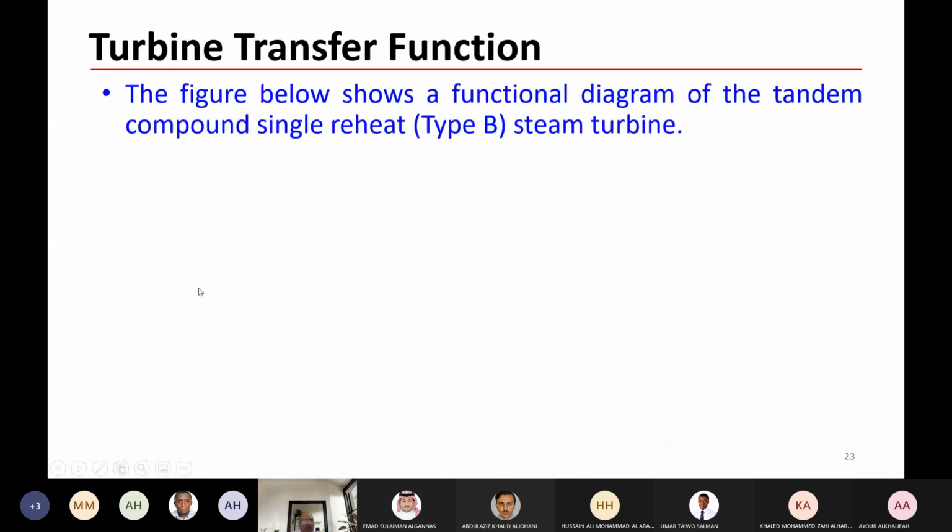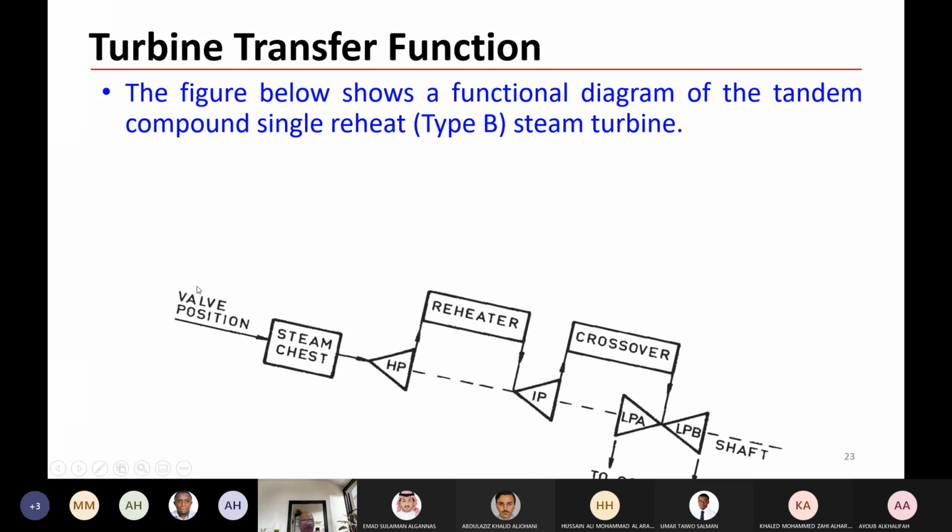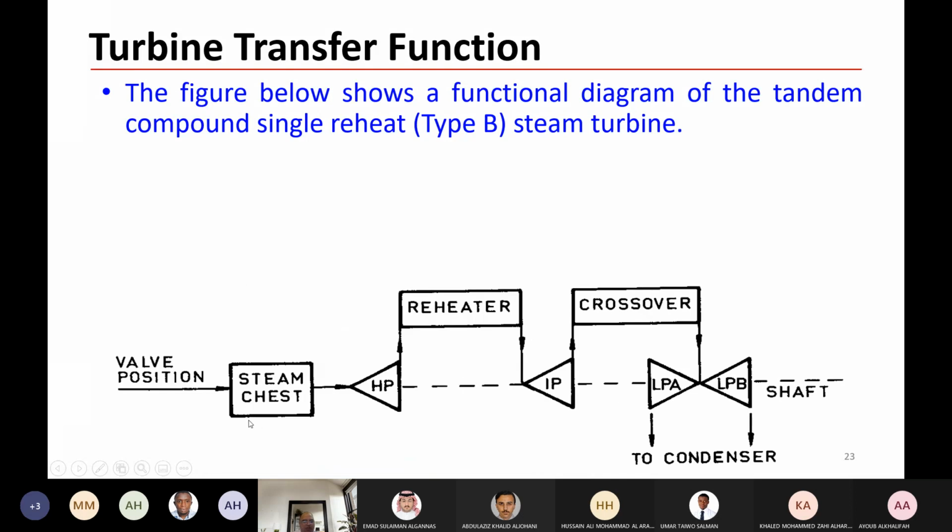Transfer function. Assume that we have here the steam chest, reheater, crossover. As I mentioned, this represents a delay. So we can express it as a first order model, first order model, first order model.